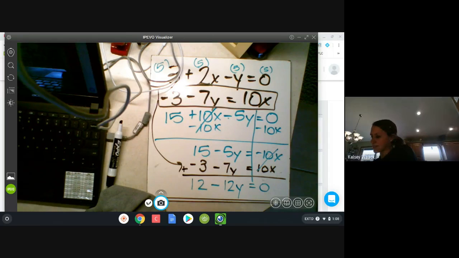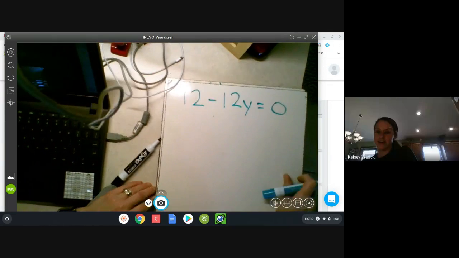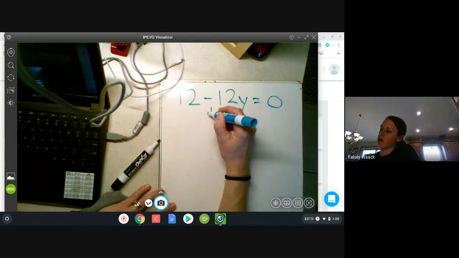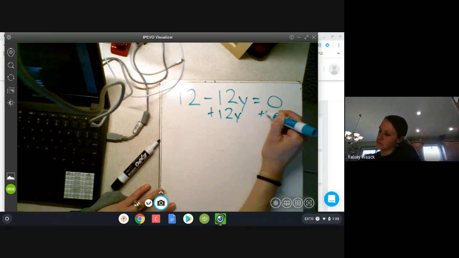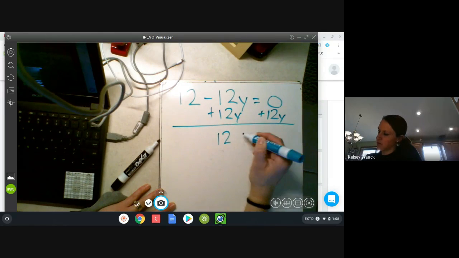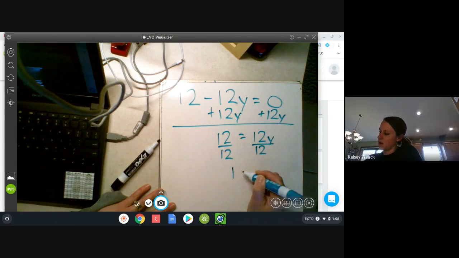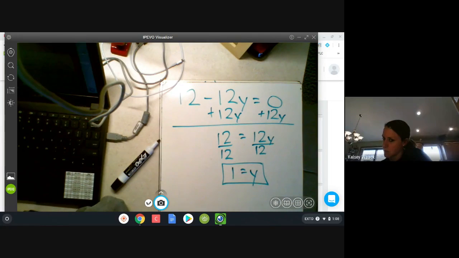Sorry, I ran out of space on my board. Give me a second. There we go. So I can add 12y to each side. 12 equals 12y. Isolate y, so divide by 12. 1 equals y. So for this system we were able to solve for y, and then we can substitute to find x.